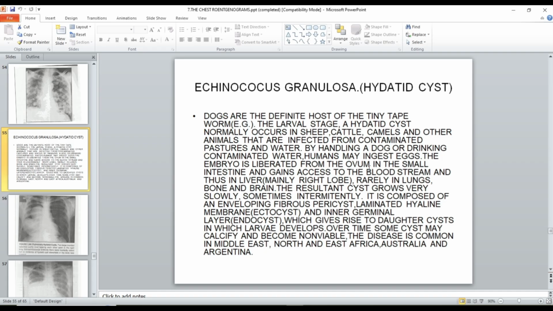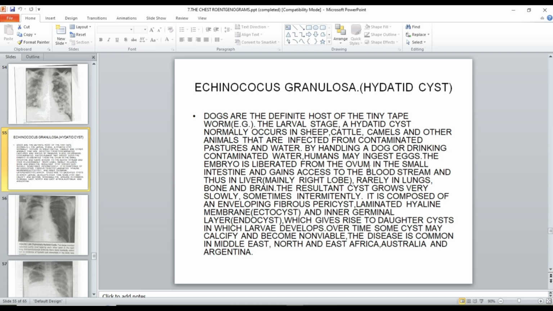It is composed of an enveloping fibrous pericyst, laminated hyaline membrane, ectocyst, and inner germinal layer, that is endocyst, which gives rise to daughter cysts in which larvae develop over time, and some cysts may be calcified and become non-viable.